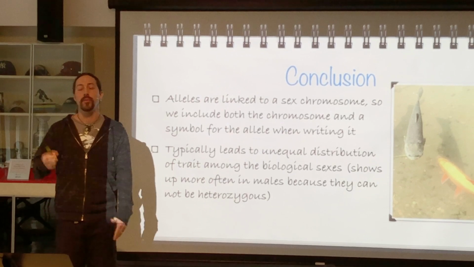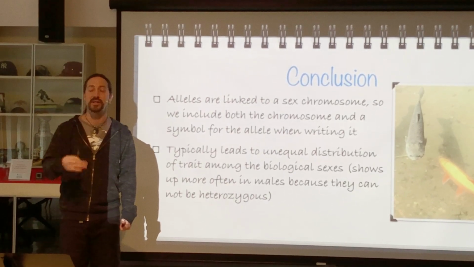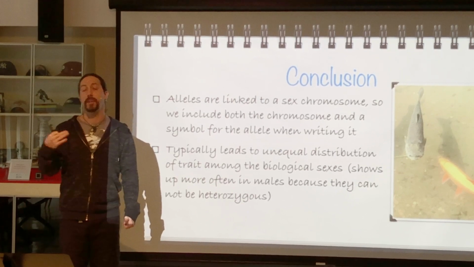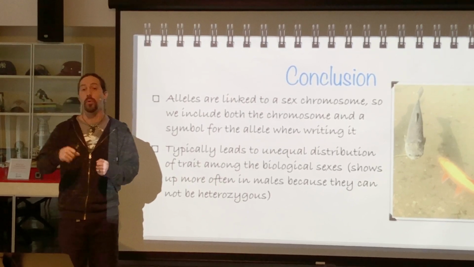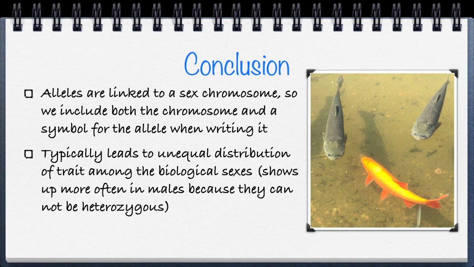And so we have a completely different inheritance pattern when it comes to the sex-linked traits. Depends on if it's on the X or if it's on the Y. Remember, the majority that we're going to look at are going to be X-linked recessive, because that means it can be hidden in the female, but it will always be expressed in the male.